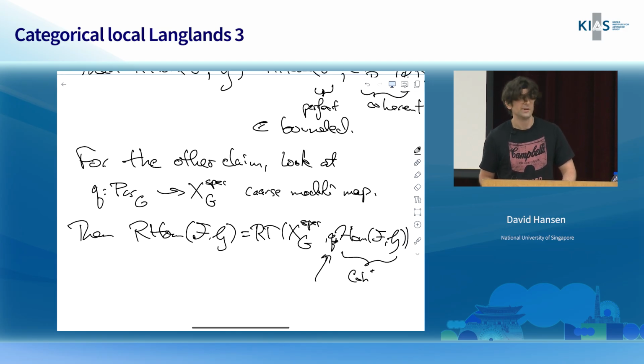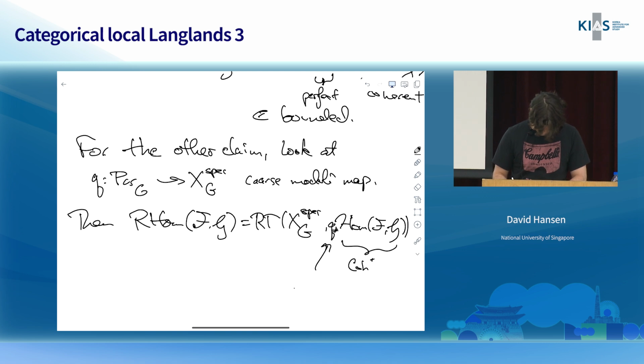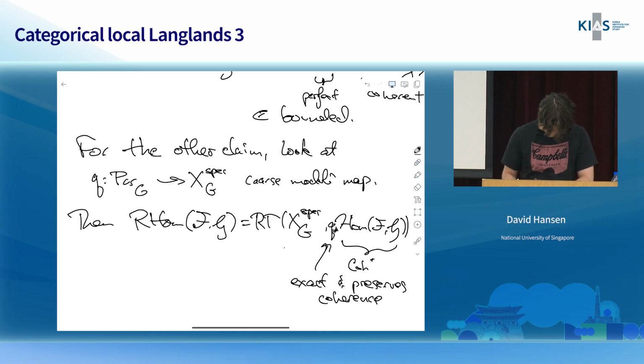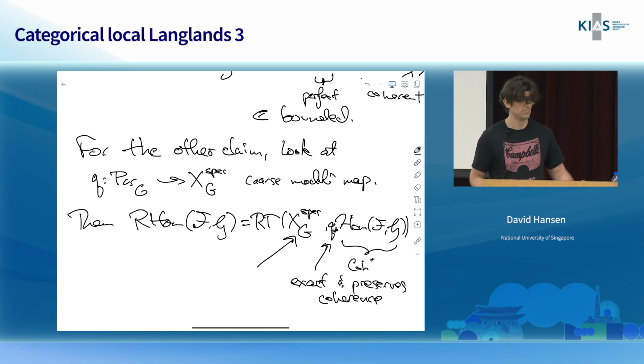And this q, in the old days, we would say that this is the GIT map of Par G, but nowadays we have a slightly cooler term. We say this is a good moduli space in the sense of Alper. And one property of good moduli spaces is that push forward along such a map is exact and preserves coherence. So when you do this push forward, you'll get a bounded below complex of coherent sheaves on this X_G spec.